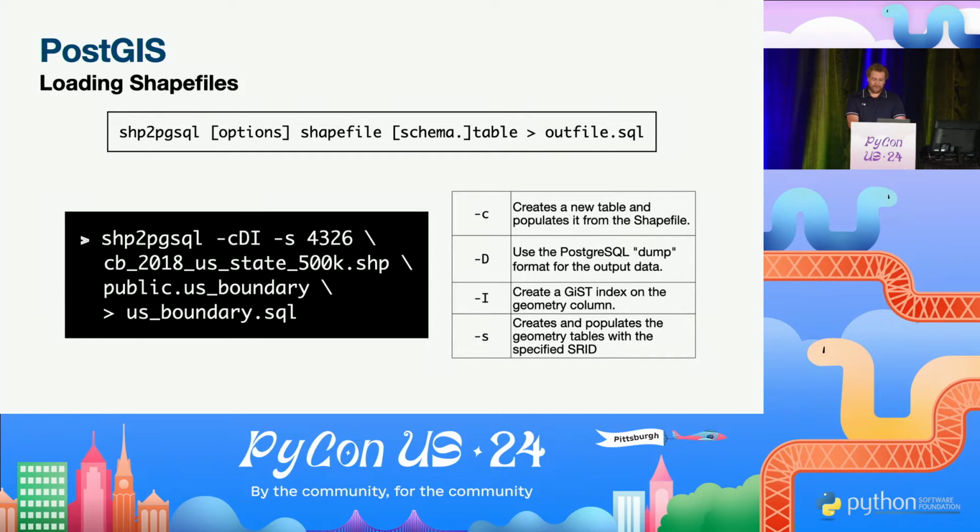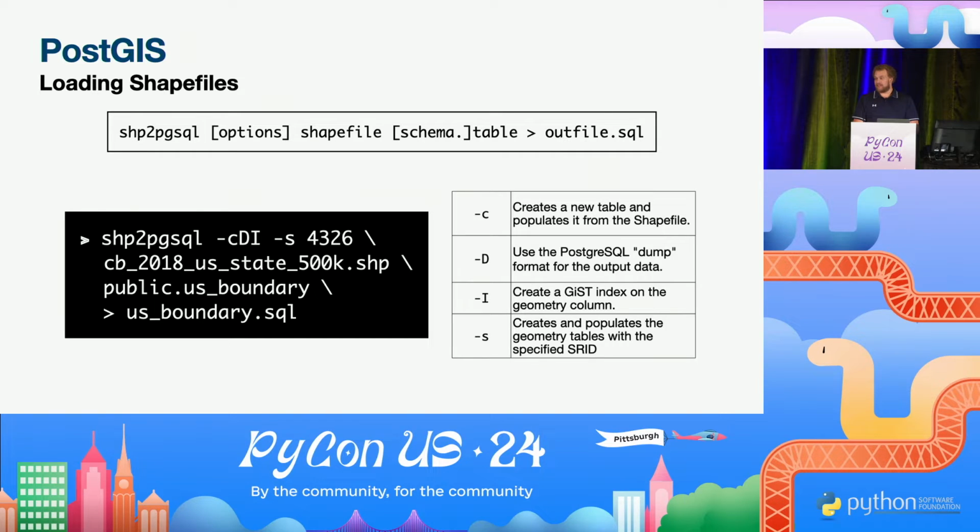So in that black box there, if we assume that's actually a terminal running, we have this shp2pgsql, then -c -D -I, which is just telling it, hey, I want you to create me a new table, use Postgres dump format, and probably most importantly, make that geometry column an index.